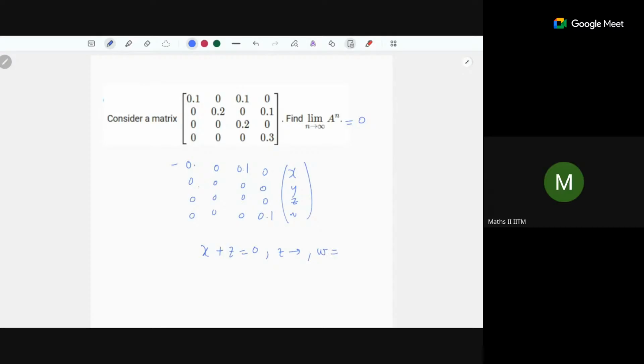Your w is 0. And your y can also be anything. Yeah, there are two rows which are 0. So yes, it has nullity equal to 2. Right. So that is true. So you can do diagonalizable. So it is diagonalizable. Thanks.